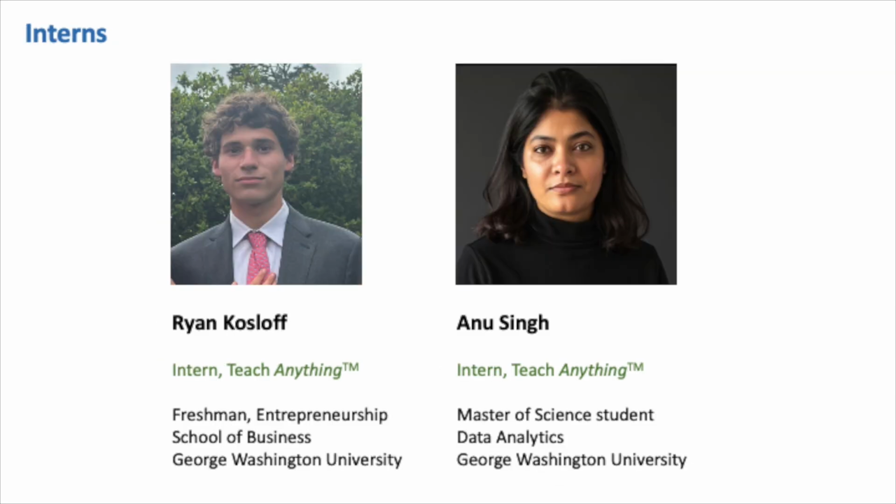We have two interns who just onboarded. Ryan Kosloff is a freshman at GW in entrepreneurship, passionate about AI, so he's a coder but also interested in starting new businesses. Anu Singh, meanwhile, is a master's student in data analytics, and both of them have contributed new features to the system.